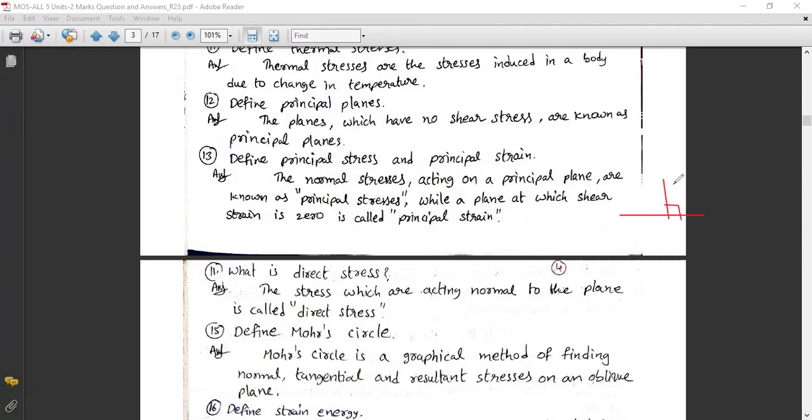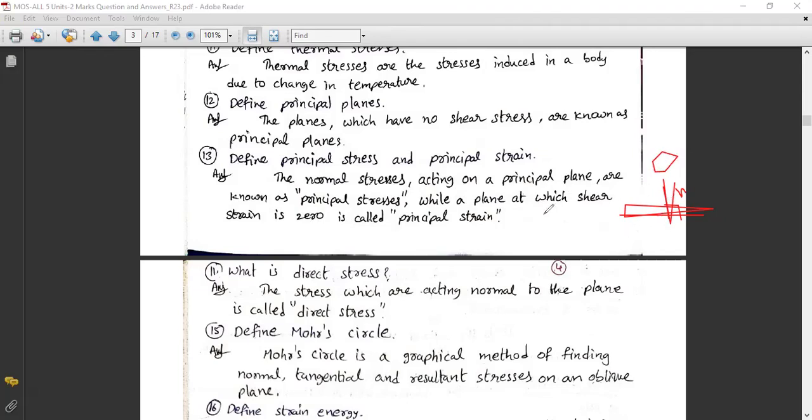You can say this is a normal stress acting on a principal plane. If this is a plane I am taking here, and a normal line is acting, this is called a principal stress. What is a principal plane? A plane at which shear stress is zero. See, no shear stress. Shear stress is equal to zero here.